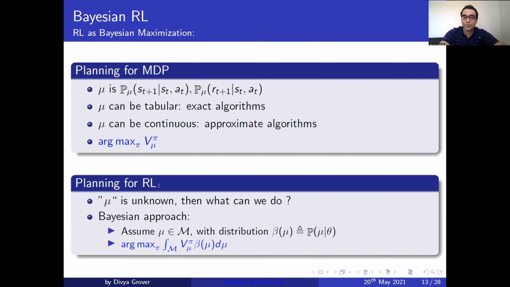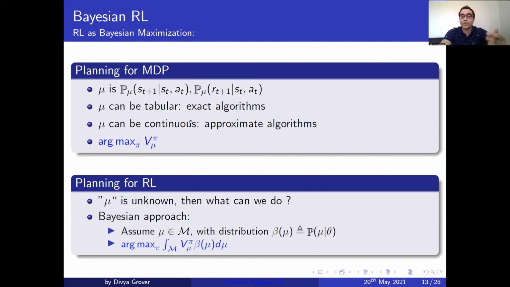But now, what is planning for RL? In RL, you essentially don't know mu, or you can say you don't have access to the probability distributions of the transitions and rewards. Then what should we do? There are multiple approaches to reinforcement learning. The Bayesian approach says that we don't know the MDP mu, so we assume a distribution over a certain set M. We say that the MDP belongs to a certain set M, or more exactly, that only certain probability distributions can occur.